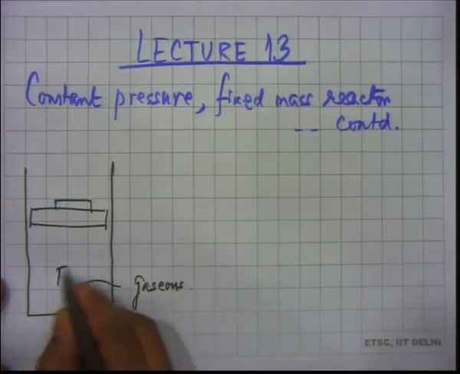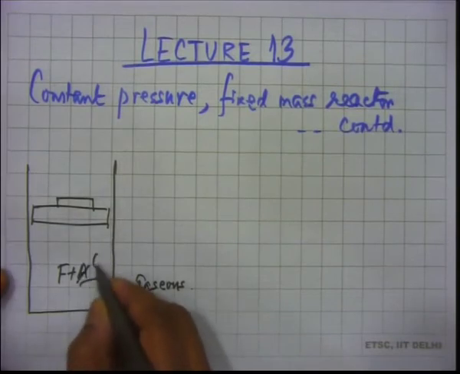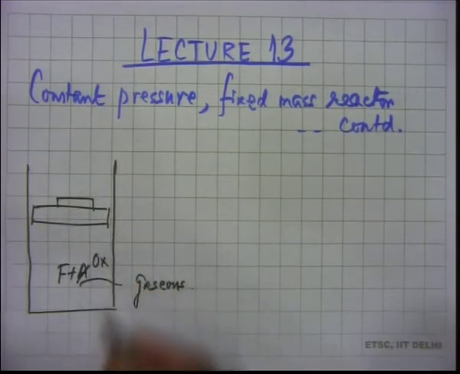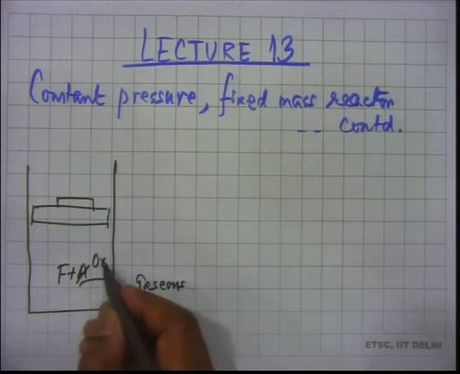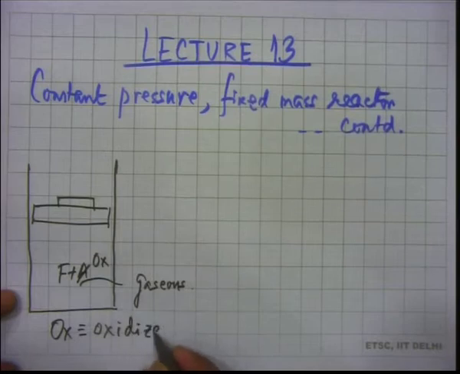So, this has fuel and air, or sometimes I prefer writing F plus OX, F for fuel, OX for oxidizer. When I write OX, it is typically not oxygen. Oxygen is just one possible oxidizer, of course, the most important oxidizer, but there can be other oxidizers also.